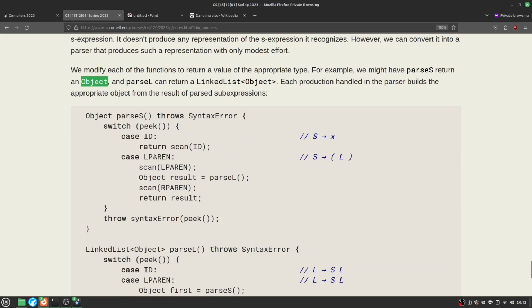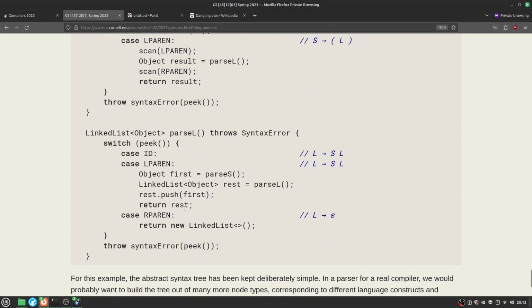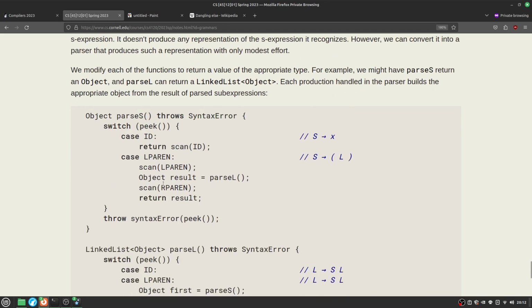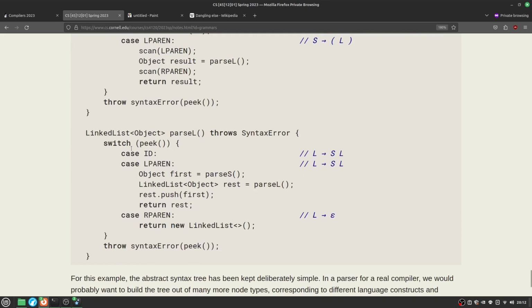If it's left parentheses, we need to parse L and return the result. And parse L returns linked lists of objects. So the first object is the parse S. The second is a linked list of objects.